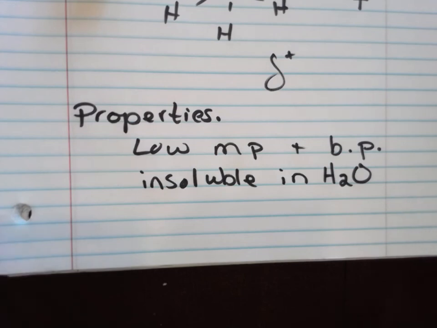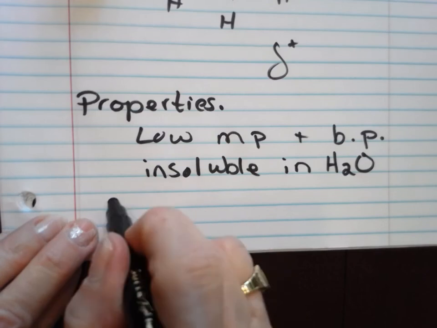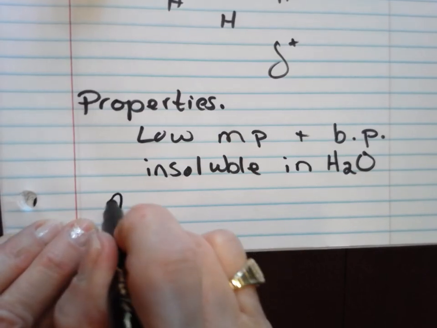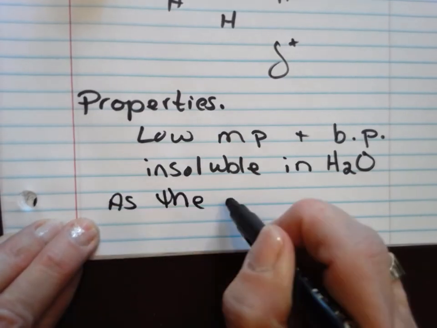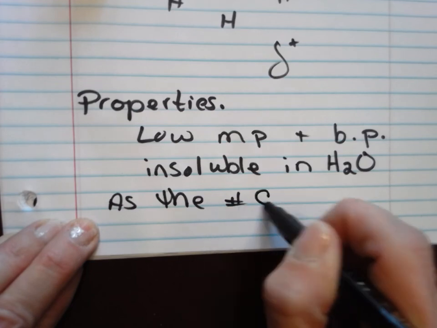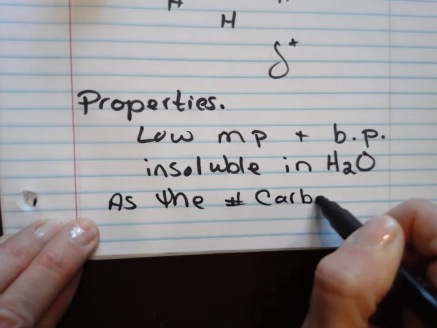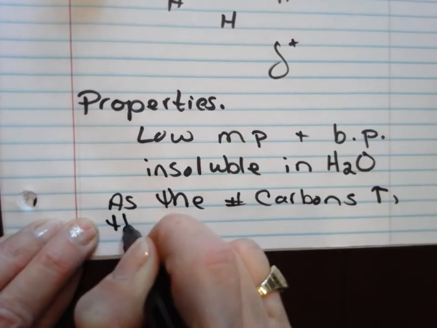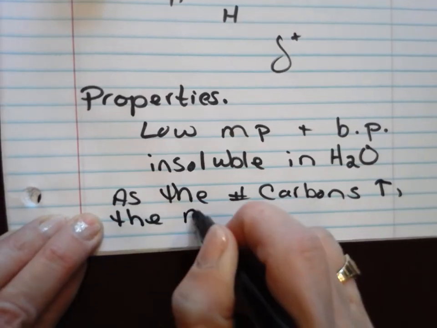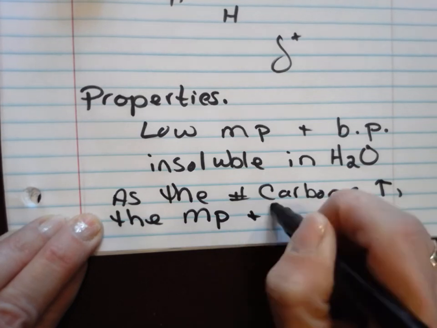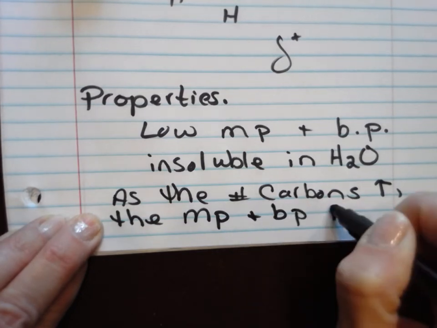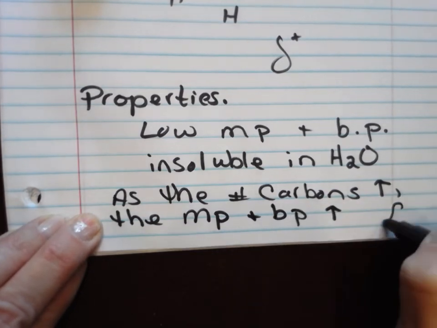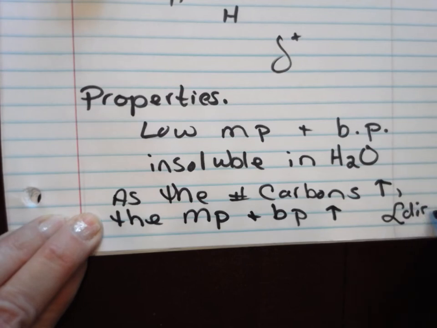Another important thing about these alkanes is that as the number of carbons increase, the melting and boiling points increase. So that is a direct relationship.